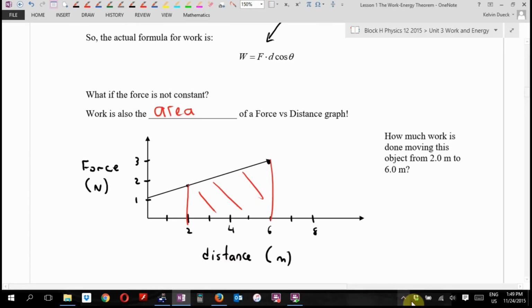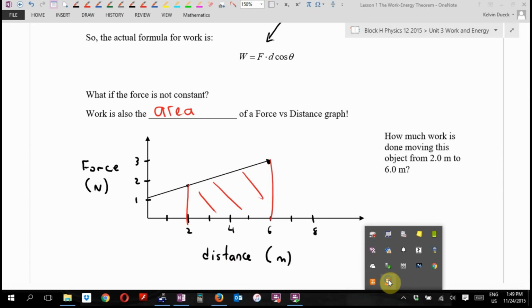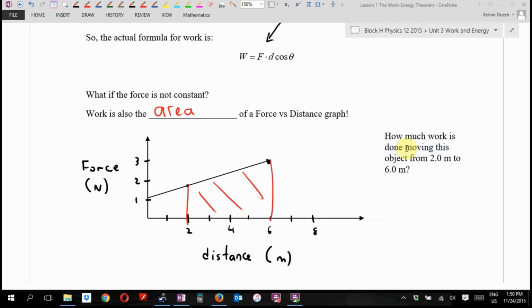Oh, I got to pause. Hang on. There is a formula for the area of a trapezoid. The only issue is it's redundant because of what Kyle hinted at. Every trapezoid can be broken up into what two shapes? A triangle and a rectangle. And you know what? Those ones we know.